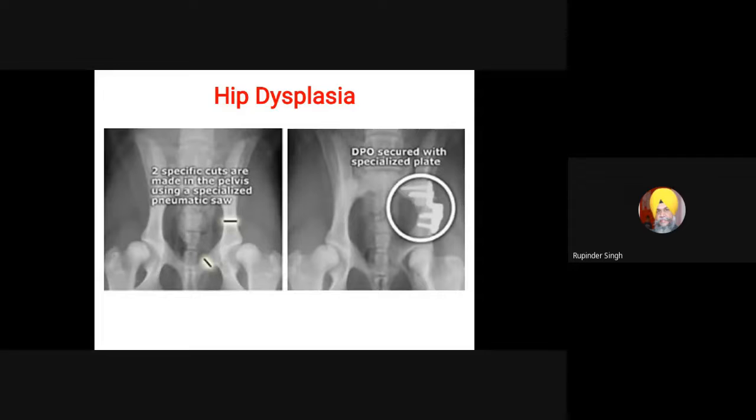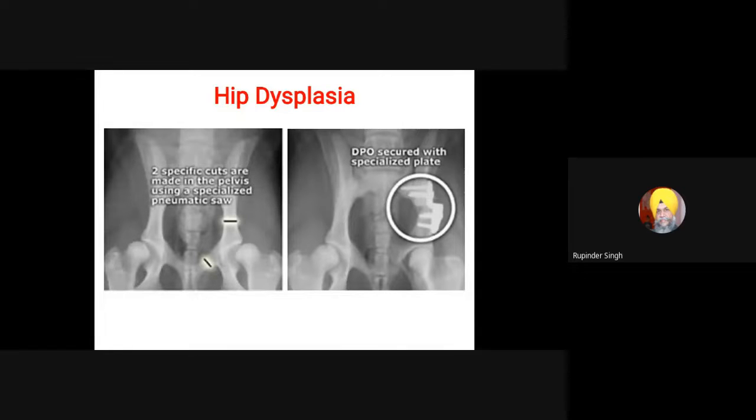In these cases, if a 3D printed model is there, or using some virtual software where we can make a cut and the bones may be manipulated, then we can decide, and as per the need we can print the bone plates. Then the outcome may be better as compared to the existing approach.